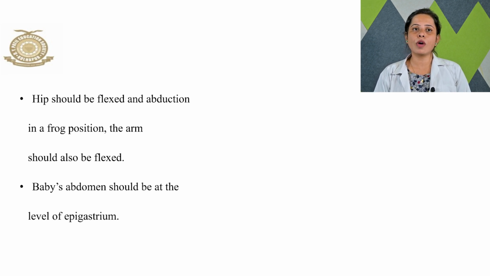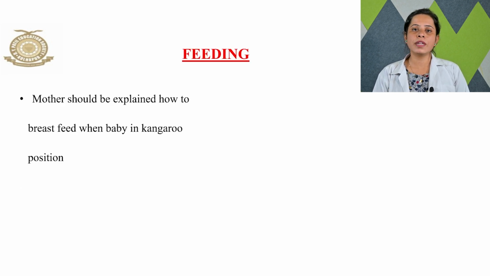Next, the baby's abdomen should be at the level of the mother's epigastrium, so that the mother can feel the heart rate of the baby. Simultaneously we have to give breastfeeding to the baby. The mother should be explained how to breastfeed when the baby is in the kangaroo position.